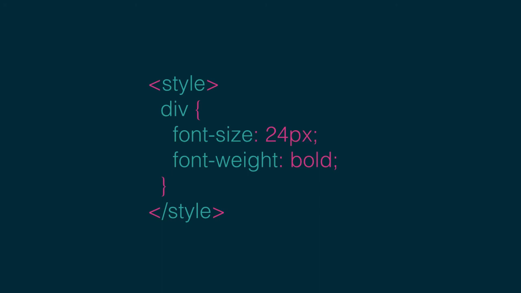So you only need one set of style tags, and then within the style tags you can have an unlimited amount of selectors, and within the selectors you can have an unlimited amount of properties.